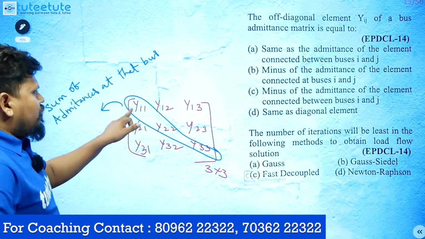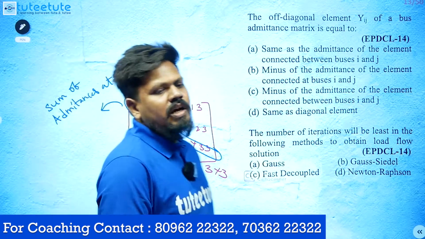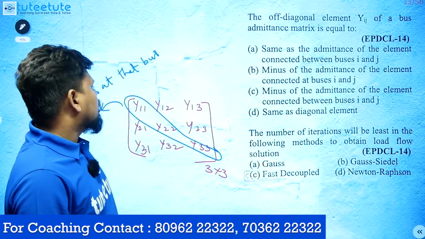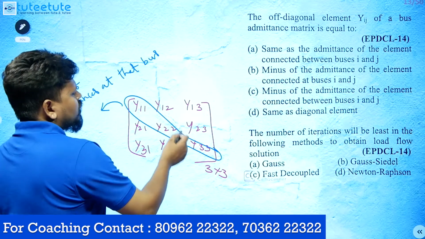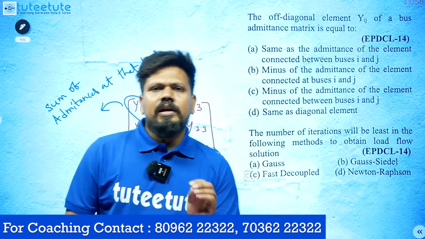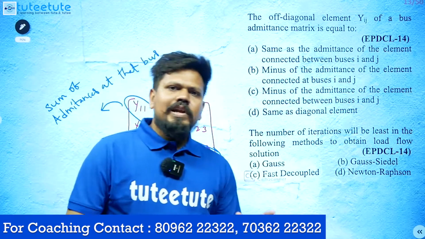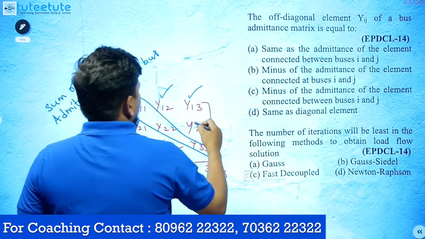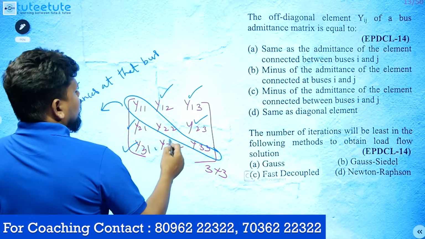So if you write Y11, whatever admittances are connected at that bus, everything we add and give this value. Similarly, for the second element Y22, whatever admittances are connected at that particular bus, everything we add and give. And what are the off diagonal elements? These are all the other elements.